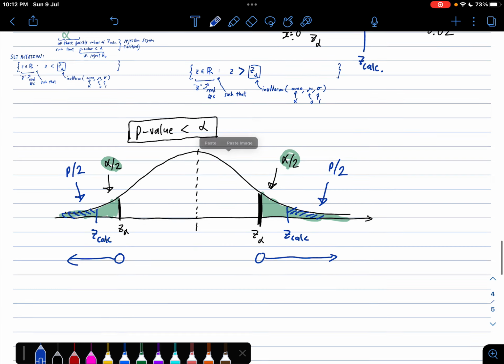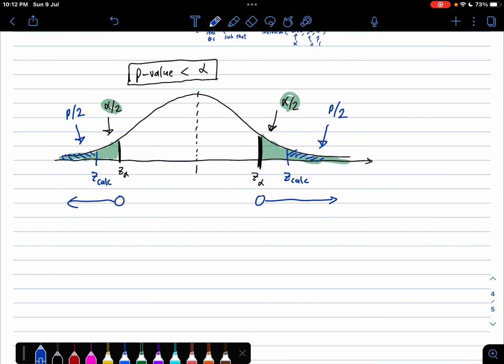You don't know whether your z alpha is positive or negative. If z alpha is actually negative, then the right side will be negative z alpha. If z alpha was actually positive, then this left side will be negative z alpha, and the right side will be positive. So to guarantee you get the correct sign, you should put modulus first, then minus. Modulus first, then plus.